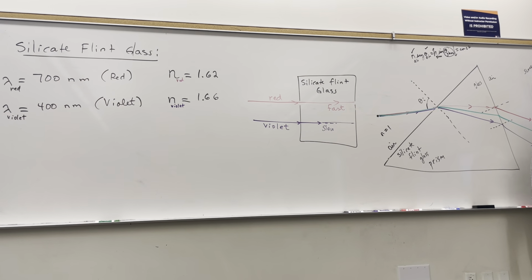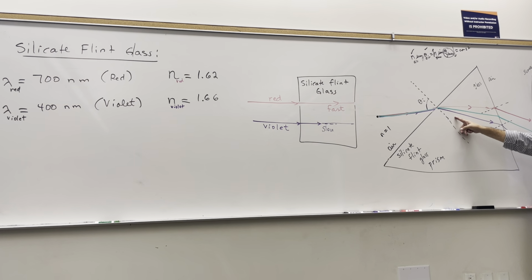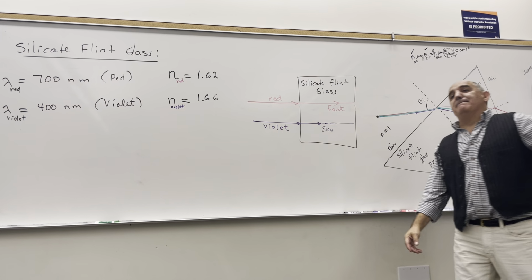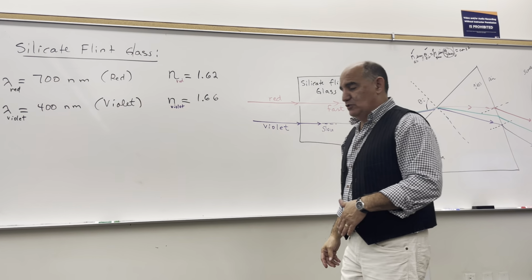Let me give you another argument. Let's go back to the question. Remember when I said if you have the red and the violet light coming in, which of the two colors, the red or the violet light, will bend more towards the normal? I think I didn't phrase the question as refract more. I said which one is going to bend more towards the normal. That was the question.